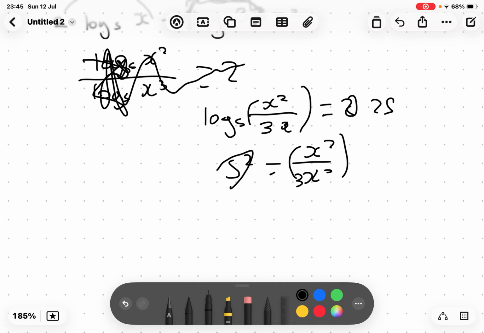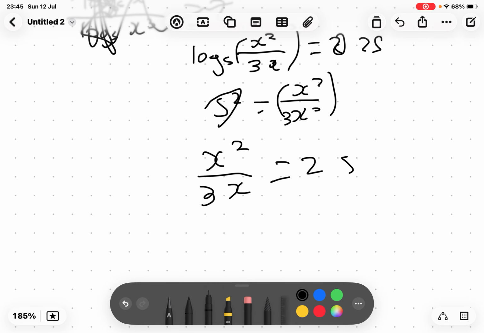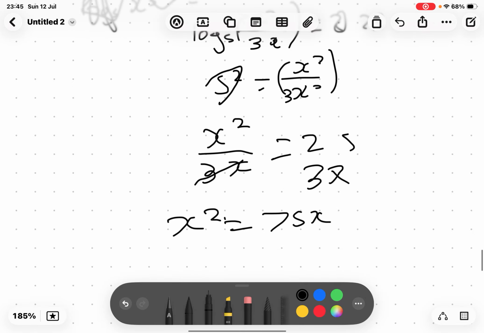After that, because we want to leave at least one, we can't have so many x's, we're just going to divide everything by 3x. So x squared equals 75x.